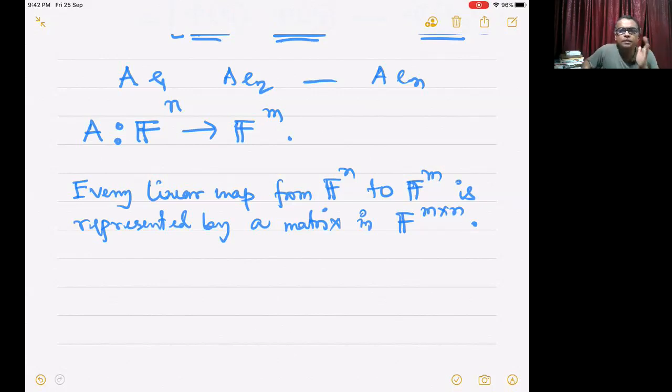Now, here is the question. What would happen if my vector space is an abstract vector space and not a vector space which is the collection of all n-tuples or m-tuples? We've already seen that matrices also do form vector spaces, functions form vector spaces, polynomials form vector spaces.